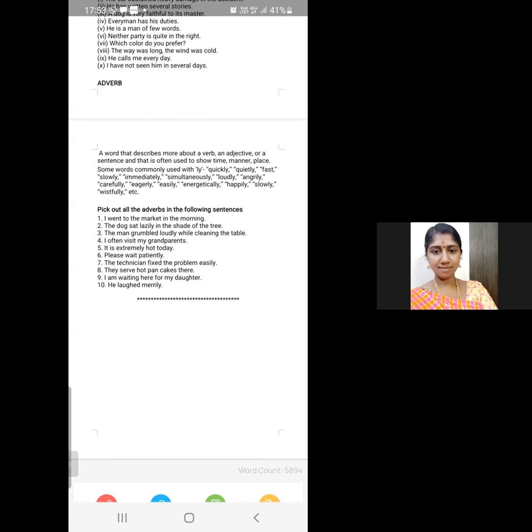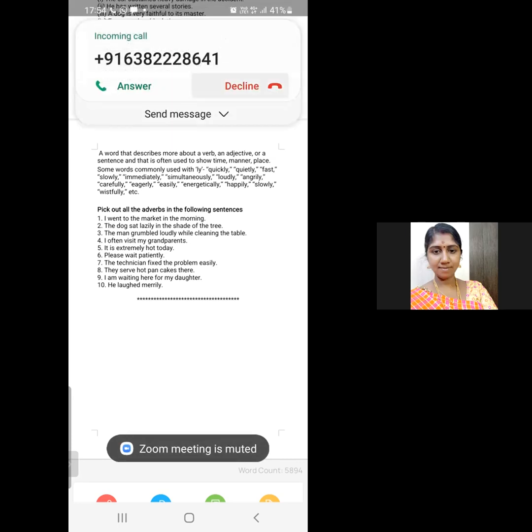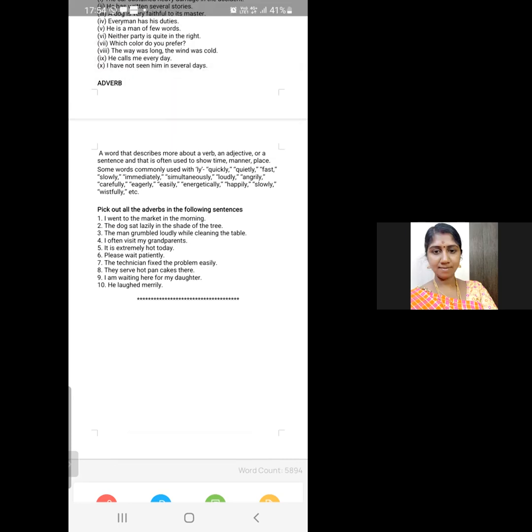The dog sat lazily in the shade of the tree. Lazily. The man grumbled loudly while cleaning the table. Loudly. Grumbled is a verb. Adverbs also answer the question how. How did the dog sit?